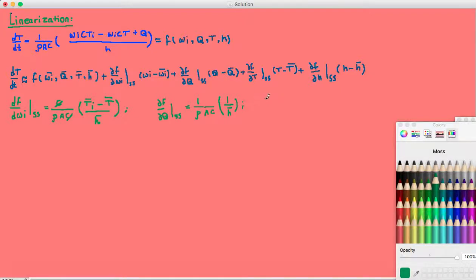Also, the first derivative of f by T, the third one, defined at a steady state, is equal to 1 divided by rho A multiplied by omega I bar divided by h bar.